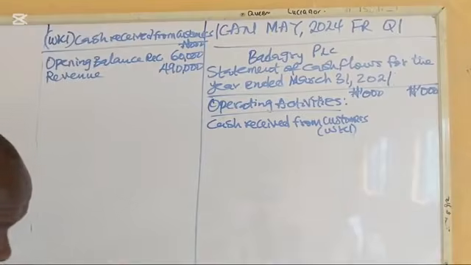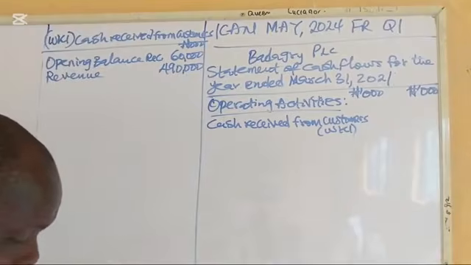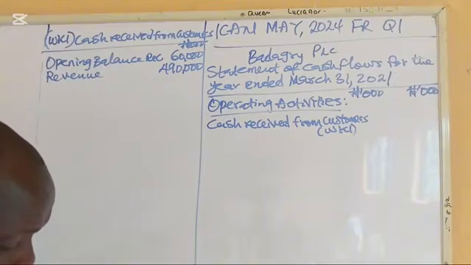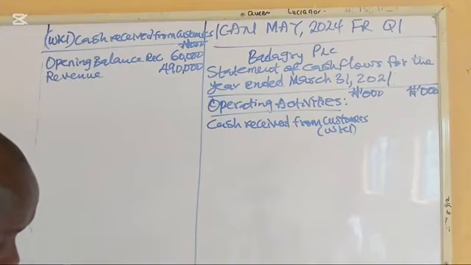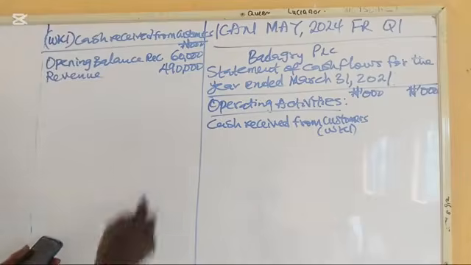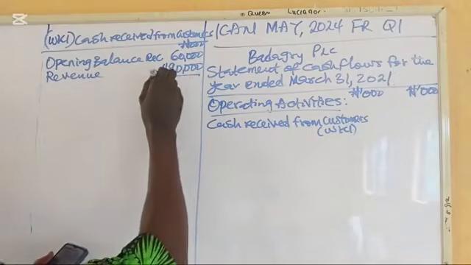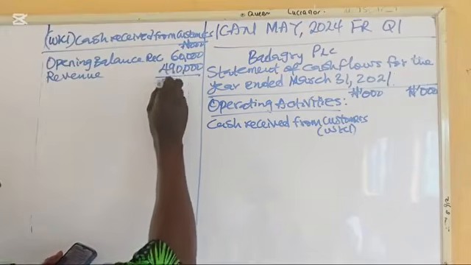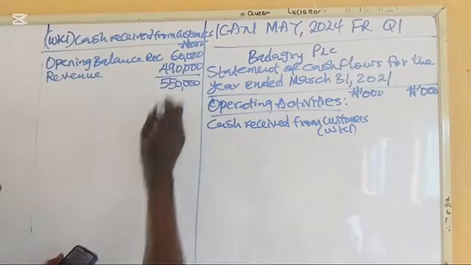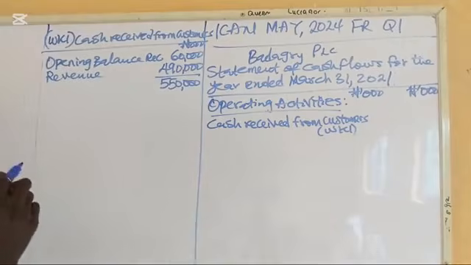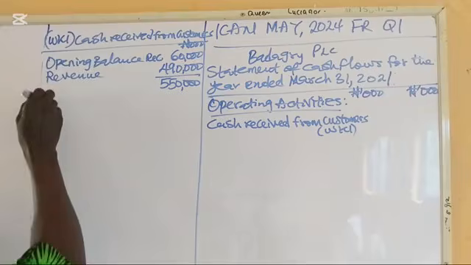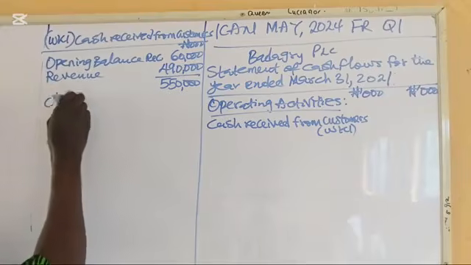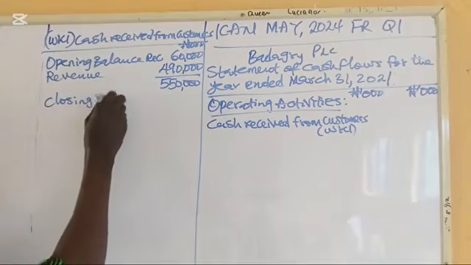What other item? Bad debt written off. How much of bad debt written off? None. You don't have any, so it is 550,000. The next item should be the less closing balance of receivable.